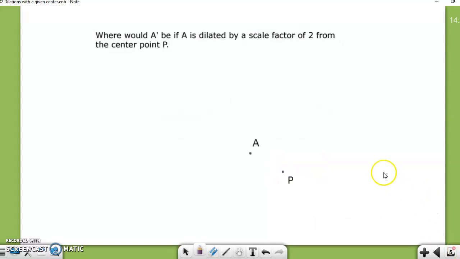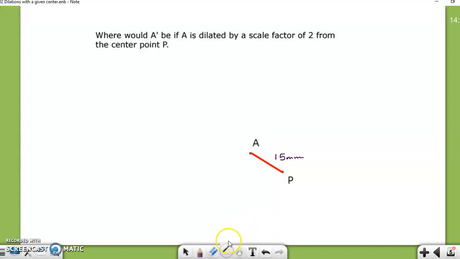All right, so now let's take a look at this situation. Where would A prime be if we're dilating by a scale factor of 2, so it's going to be an enlargement? What I would do is measure from P, let's get a straight line. I would measure from P to A, and I did that with my ruler, and I came up with 15 millimeters. 15 times 2 is 30.